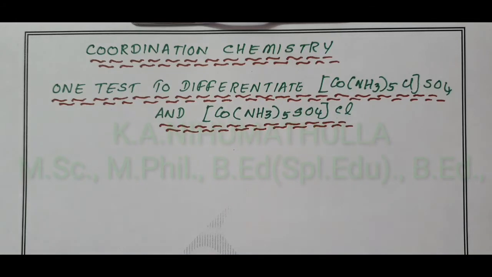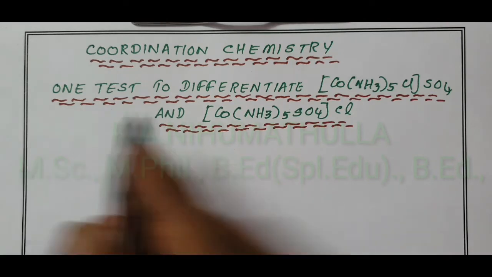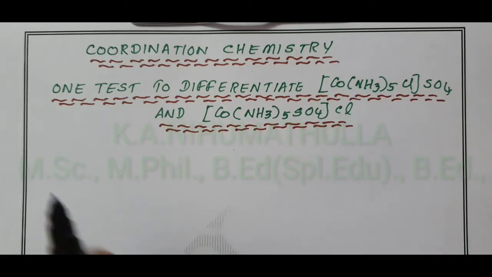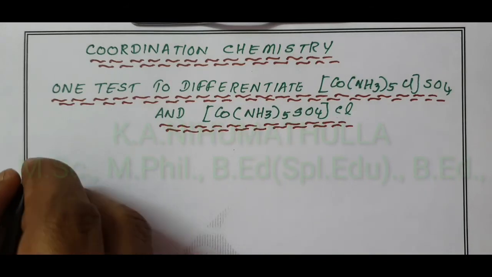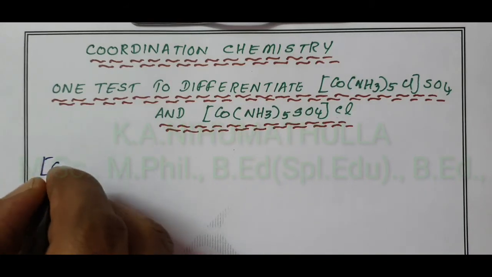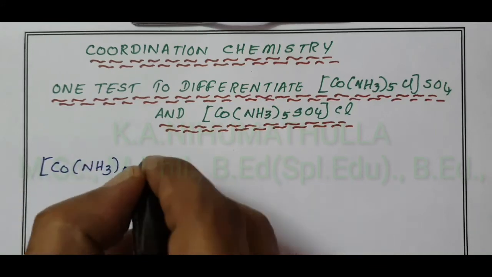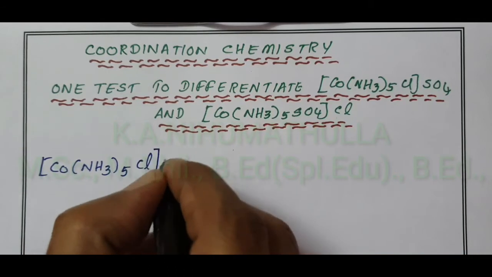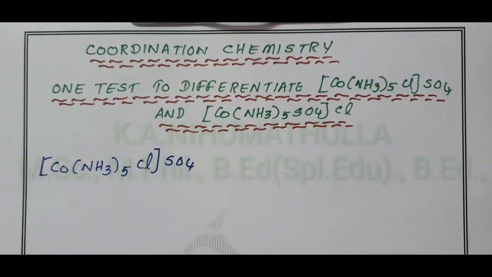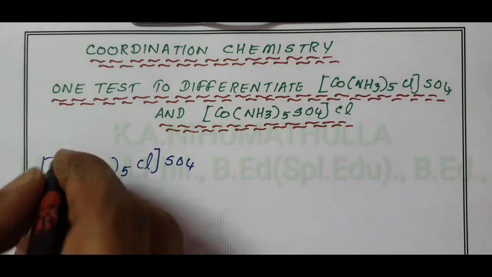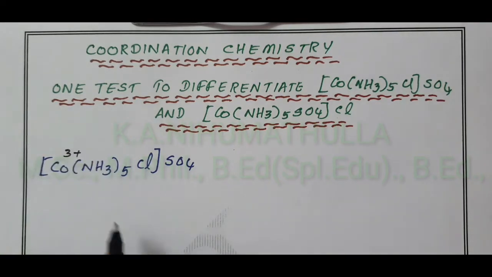First, I am going to write the IUPAC names of these two compounds. The given complex is [Co(NH3)5Cl], and outside the complex one SO4 is present. So, the cobalt oxidation state is 3 plus, as we know. How to write the IUPAC name?